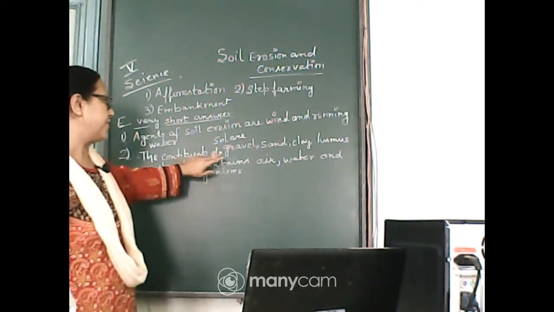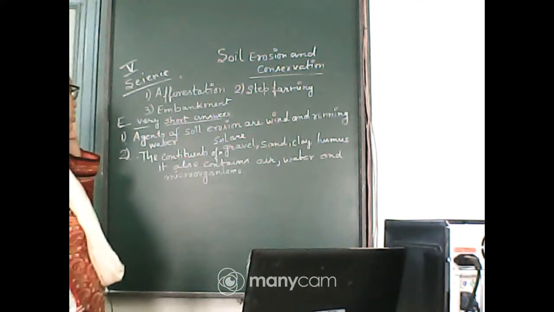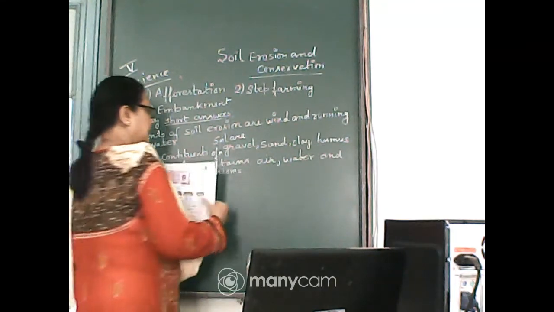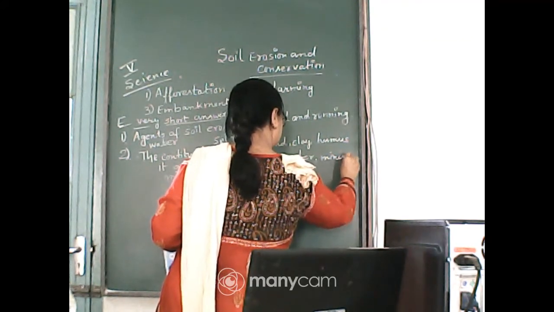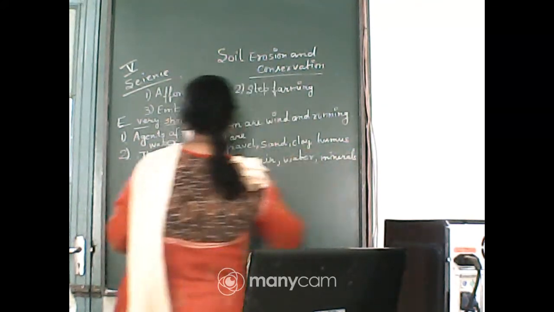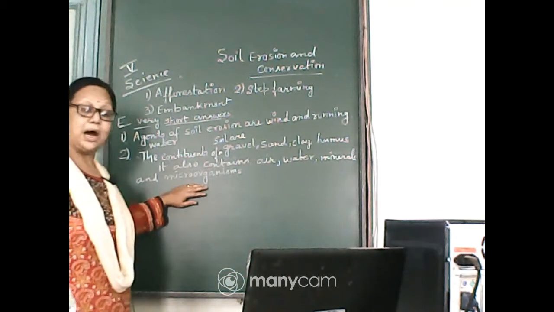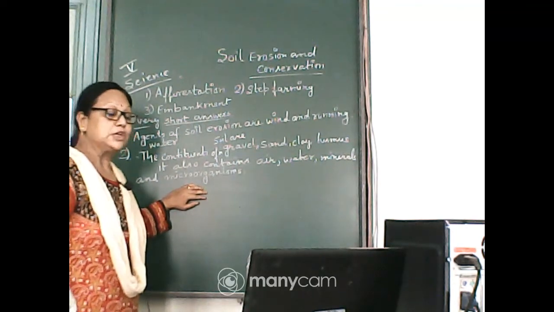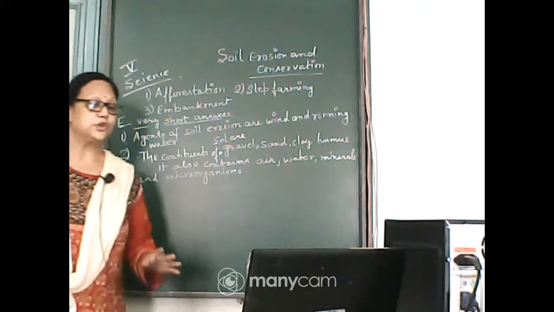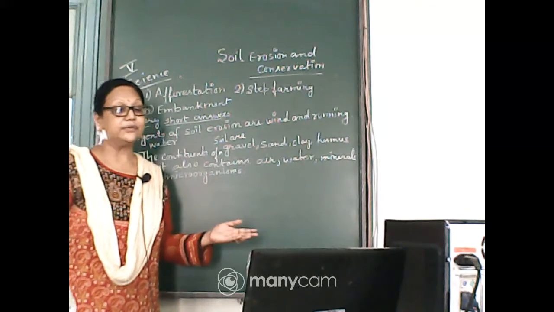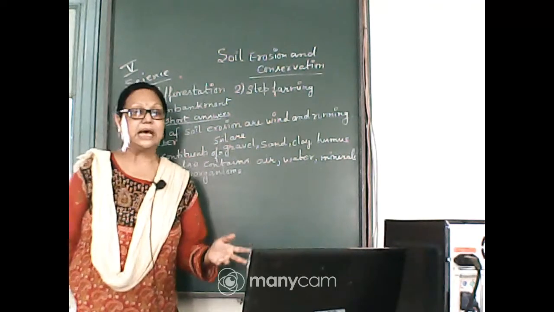So the constituents of soil are gravel, sand, clay, humus, and it also contains air, water, minerals and microorganisms. So that is a part, it is not the constituents. So what are the constituents? The constituents of the soil are gravel, sand, clay and humus. Along with these constituents they also contain air, water, microorganisms and minerals.